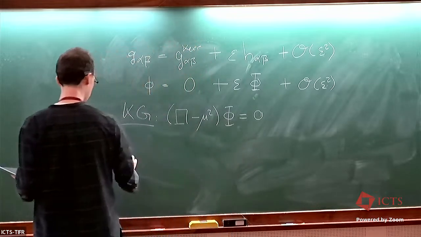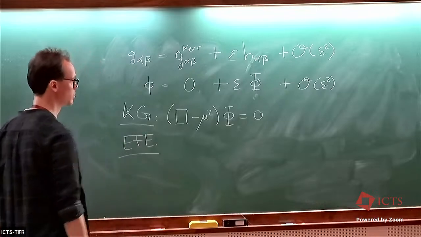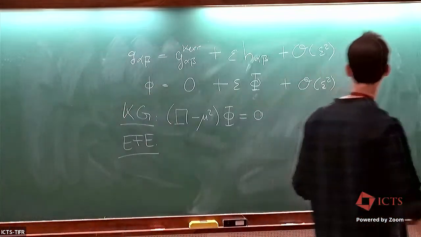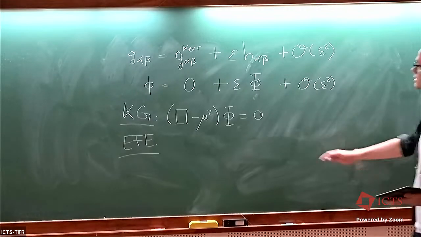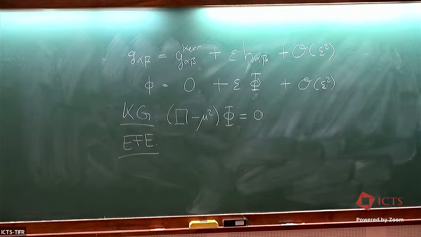But the Einstein equations are not so simple, because now you have a non-trivial zeroth order, and so now I shouldn't have written this on two different ends of the board. Now you have to plug this into the Ricci tensor, and then expand the Ricci tensor, which is some nonlinear function of g alpha beta.